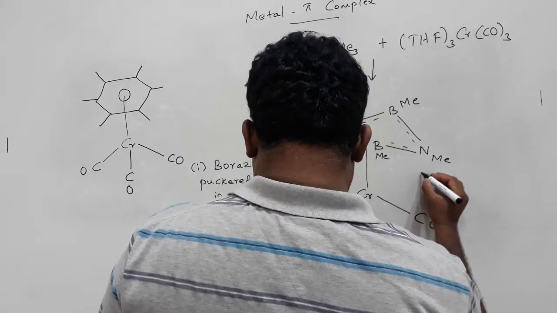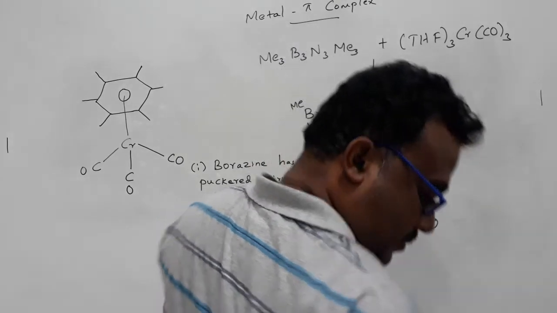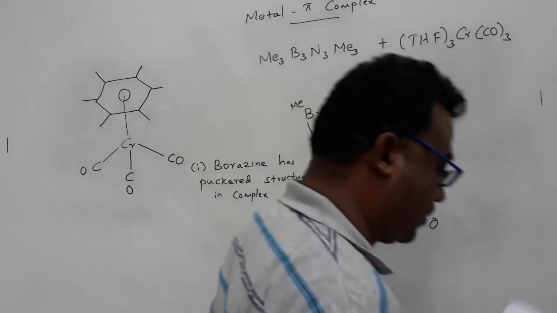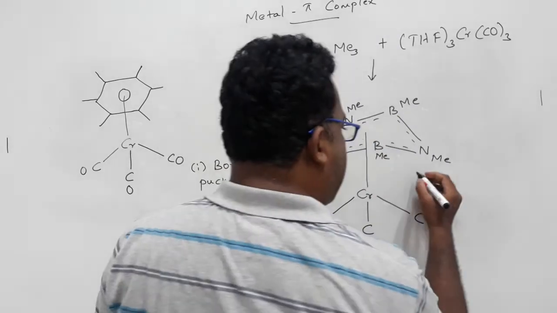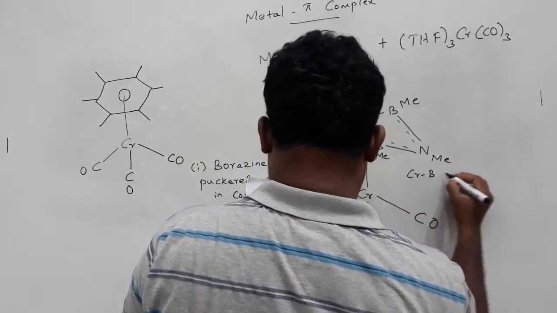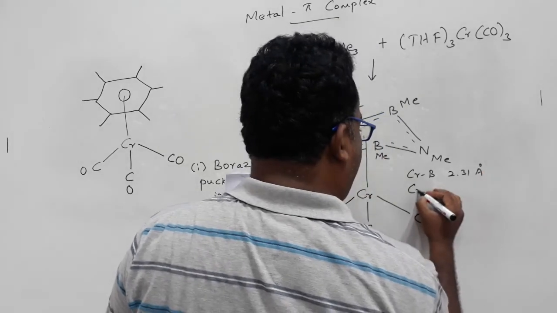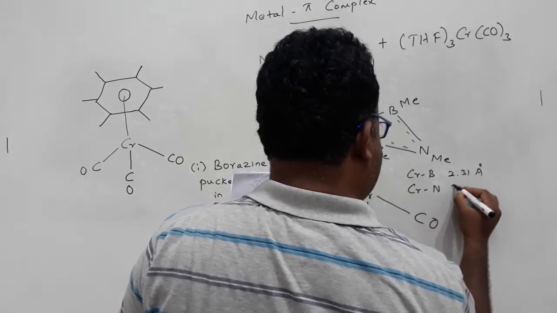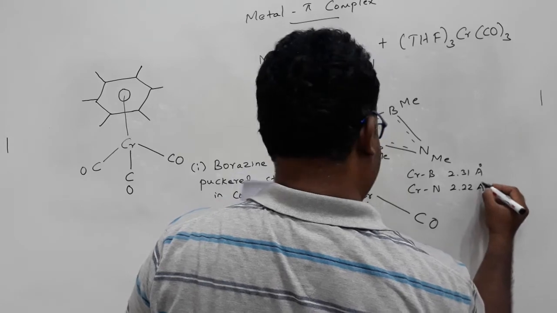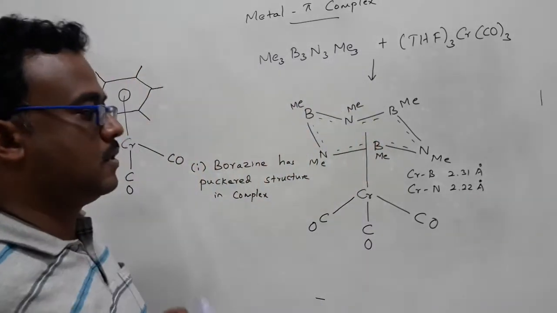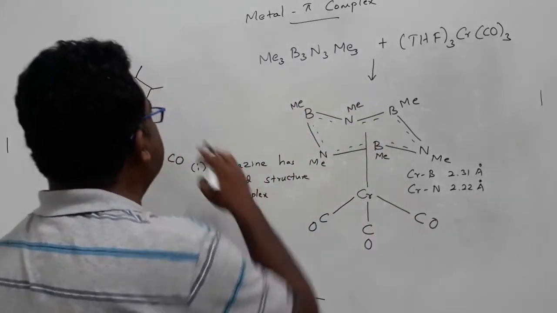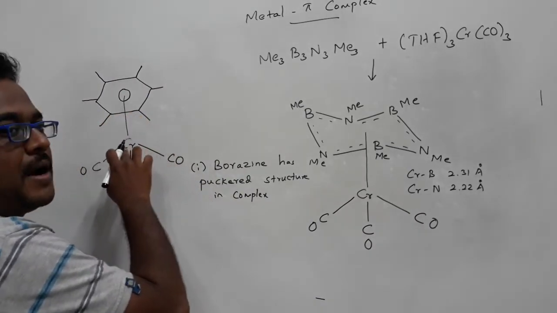Bond distance, if you have seen, the chromium boron bond distance is 2.31 angstrom. But when we compare the chromium nitrogen bond distance, it's 2.22 angstrom. It's very clear that in this case all the carbon chromium bond distances are the same.